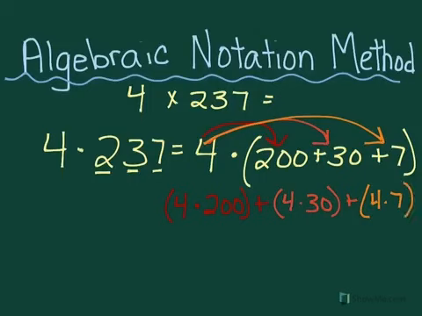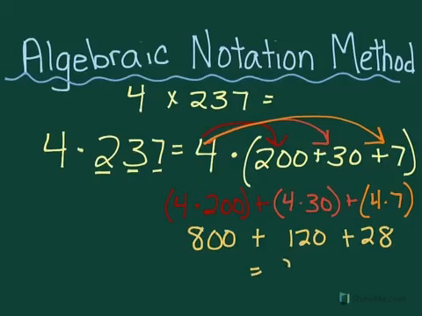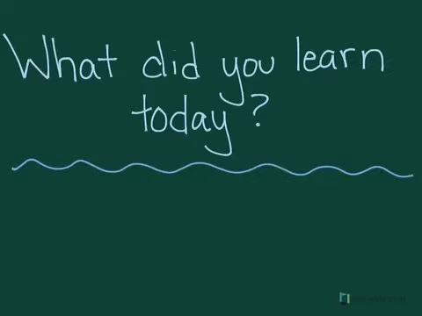I solve for each set of parentheses, so 800 plus 120 plus 28. And when I add those three numbers together, I get 948. So those are the three methods we have learned so far.